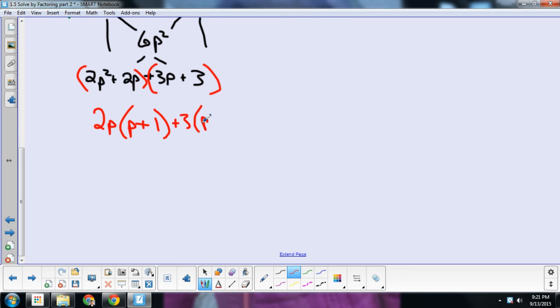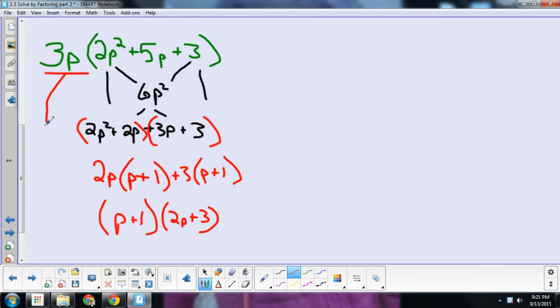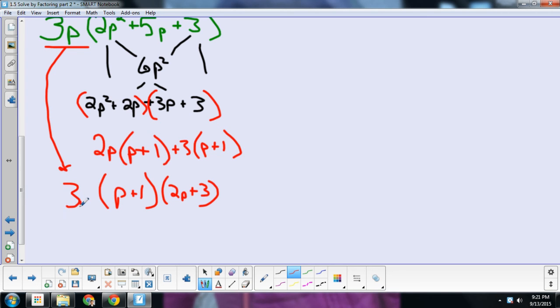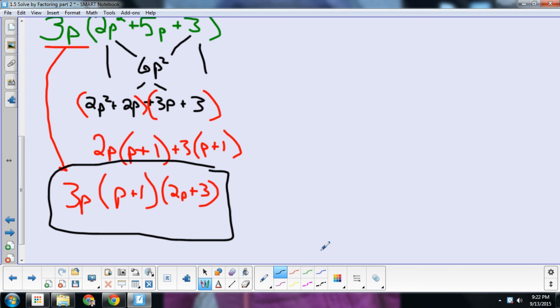Leaves me also with p plus 1, which is nice. So my factors are p plus 1, the common binomial factor, and 2p plus 3, the leftover factors. And don't forget the fact that we took out a 3p way back here at the beginning. It's still part of my factored expression. So 3p and all this stuff put together, there's my answer.